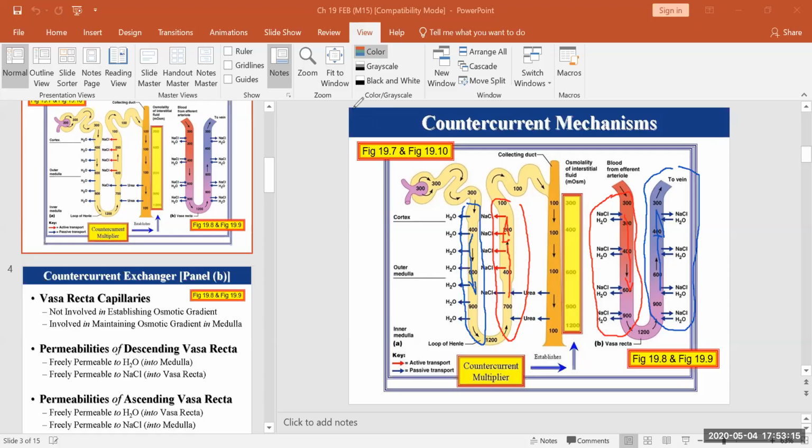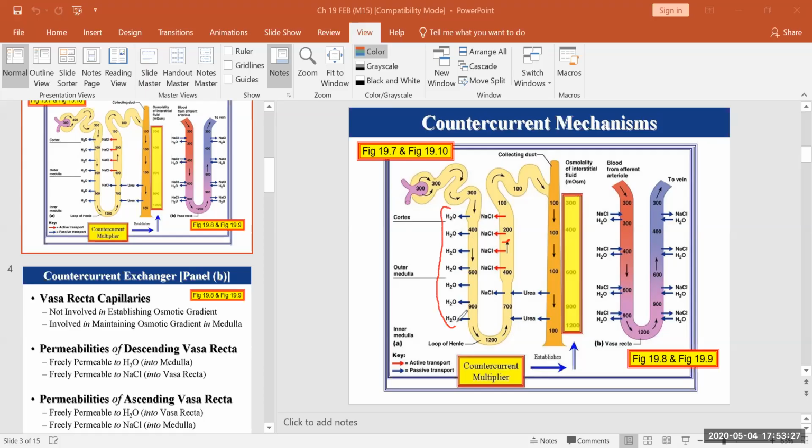Again, if you look close, I'm going to erase this for clarity. If you see here, all this water, when it's leaving, needs to go somewhere. Otherwise, it's going to dissipate, right? So when this water is leaving the descending limb of the loop of Henle, it will be received over here.